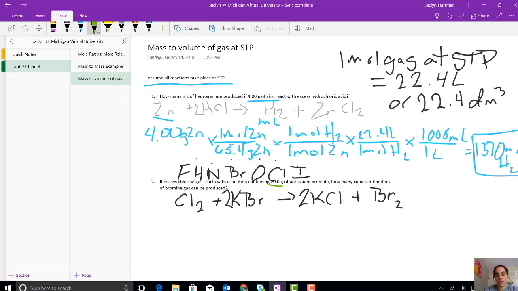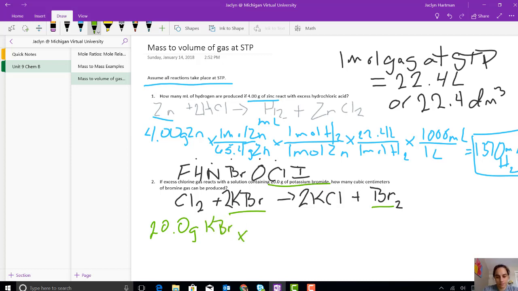We start with 20 grams of potassium bromide, and we want to know cubic centimeters of bromine gas. Typically at room temperature, bromine is a liquid, but it can be in the gas form if you're a little higher up in temperature, so we could get bromine gas in this case. So 20 grams of potassium bromide.